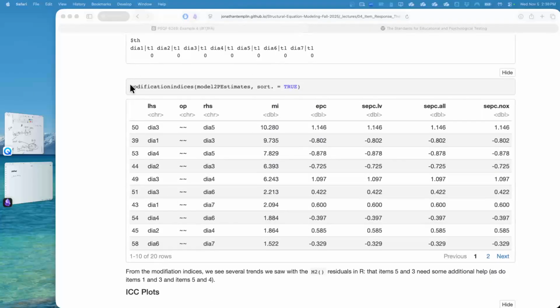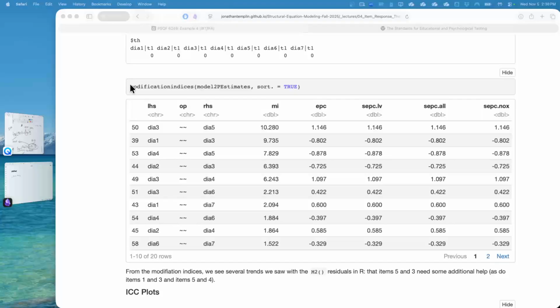The other thing we can look at is modification indices. You remember looking at these before. These are all the modification indices sorted by how big the index value is. Just like in CFA, the MI column represents the difference in chi-square if you were to add that parameter.